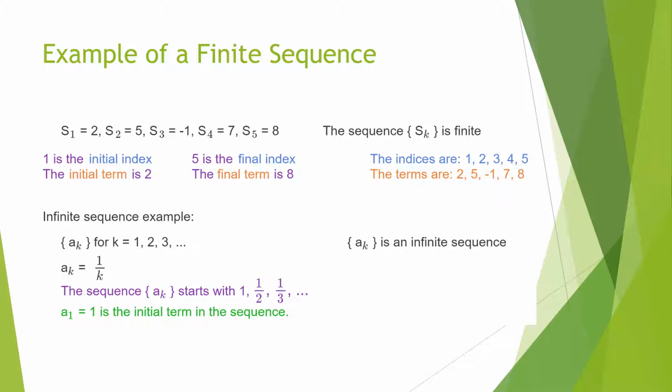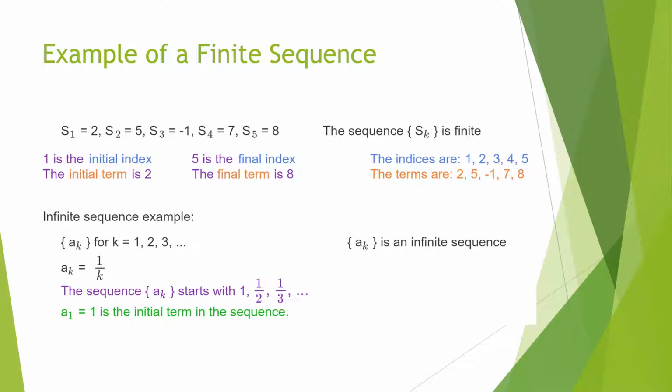If you consider a sequence as a specific type of function, then the domain would be the set of integers 1, 2, 3, 4, and 5, which is a consecutive set of integers, and the range is the elements 2, 5, -1, 7, and 8.